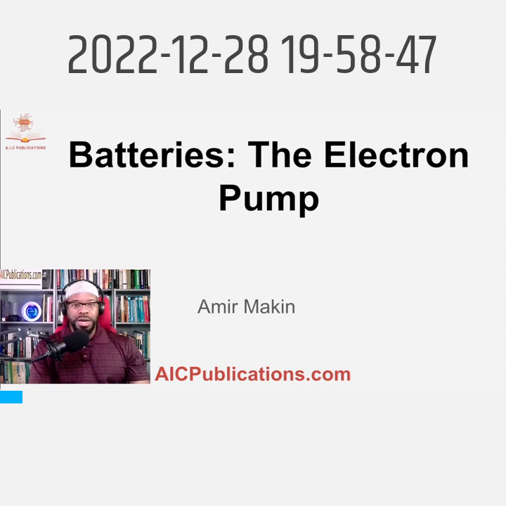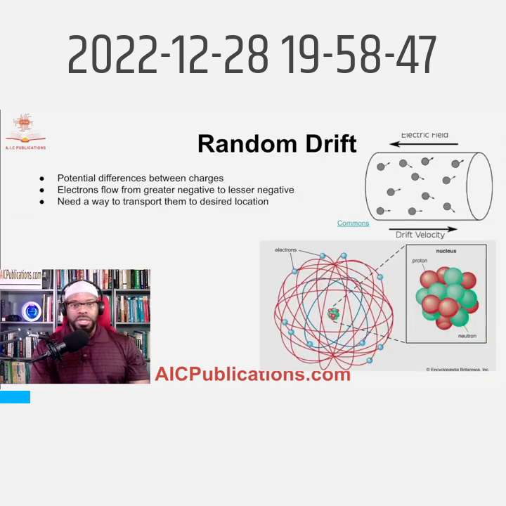Today's lesson in our 10-minute engineering program is batteries, the electron pump. Now, as we stated earlier, electrons in their raw form drift in a very unorganized, chaotic way. They bounce around chaotically.